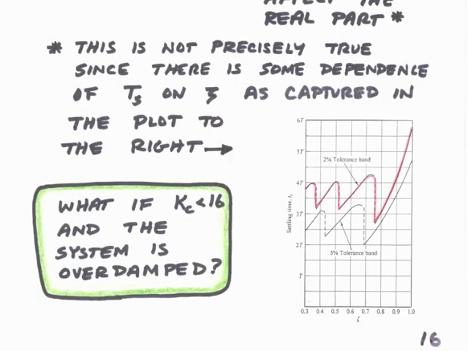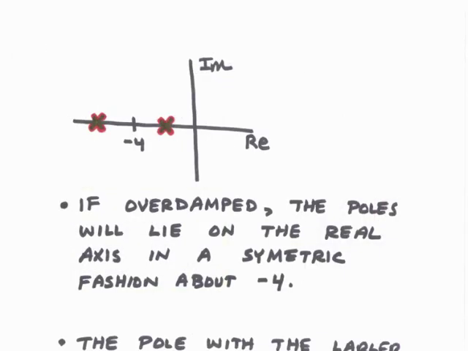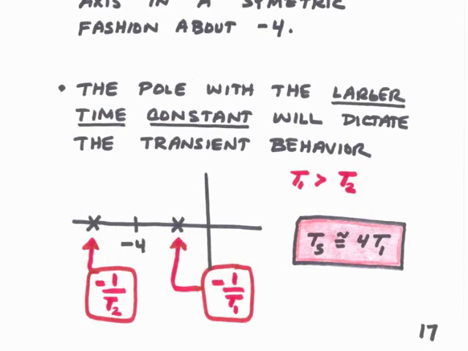Let's now examine what happens if kc is less than 16 and the system is overdamped. If kc is less than 16, the poles will be on the real axis, and they'll be symmetric about -4. In this case, the pole with the larger time constant will dictate the transient behavior.